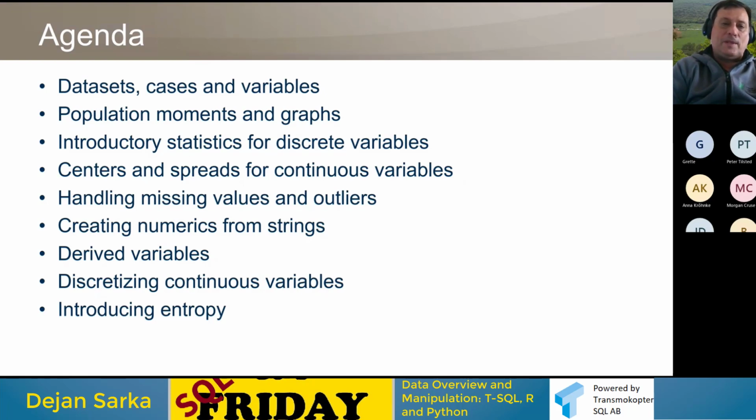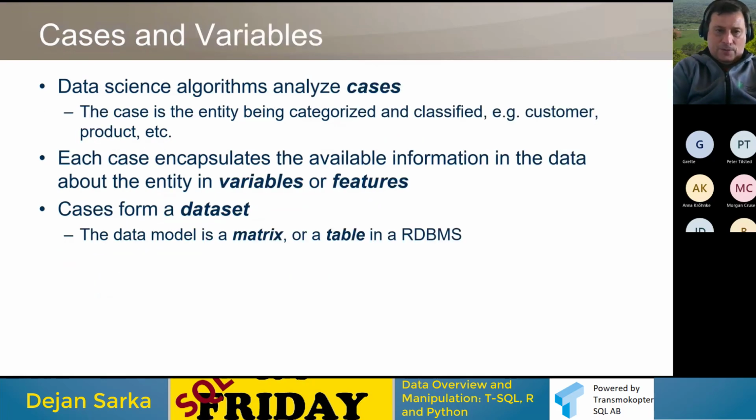Then we'll talk a little bit about handling missing values and outliers, and how we create all kinds of derived variables, in general, and then specific topics like creating numerical variables from strings, and discretizing continuous variables, so creating discrete variables out of continuous ones. And at the end, I will introduce entropy, a very useful measure for many things, also giving you some information about the distribution of variables and some comparisons.